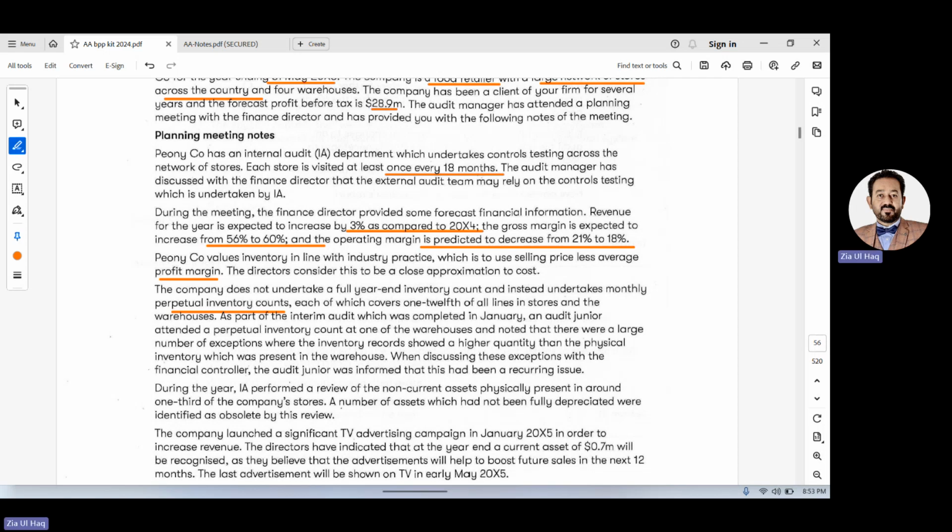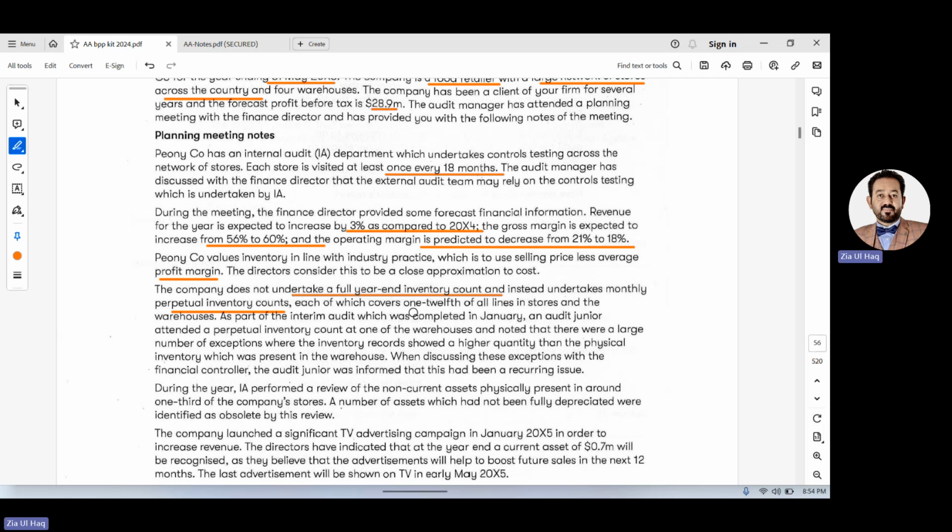While preparing financial statements, the company has to count the inventory at year end, then value it and state it in the financial statements. But they are not undertaking a full year end inventory count. This means inventory balances could be over or undervalued. There should be a year end inventory count.